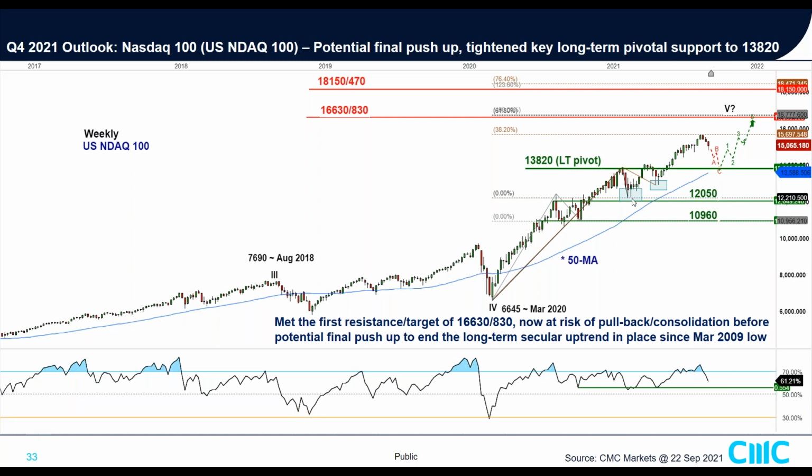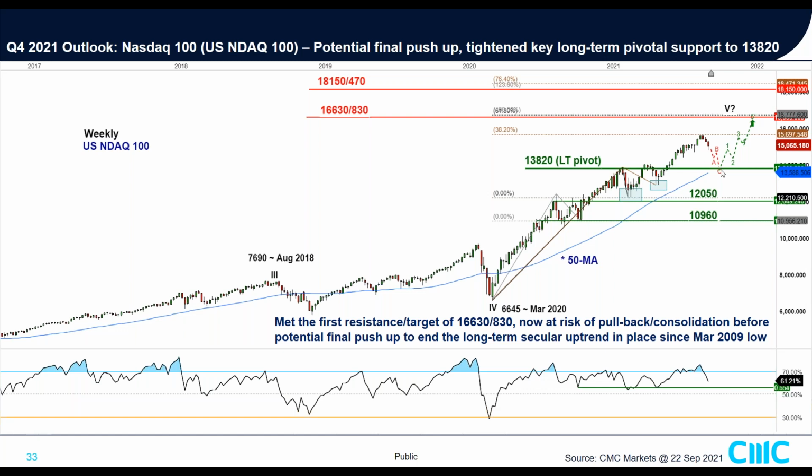All right, the current major uptrend bull run since the March 2020 low has managed to hold so far above the 50-week MA. So definitely this is a significant support level to watch. As long as this support level holds, with no weekly close below it, we are still expecting potentially another push up to test the next resistance at 16,630 slash 16,830.